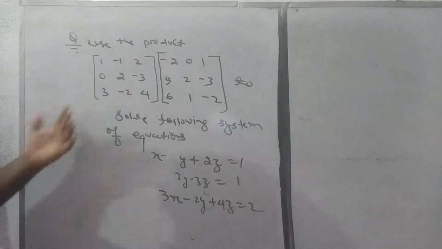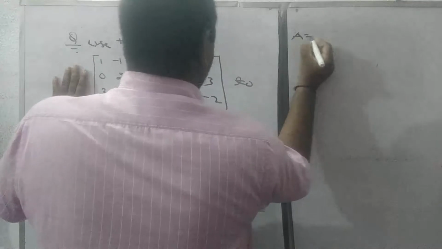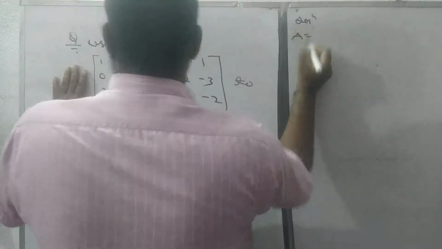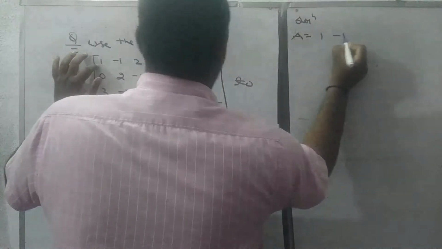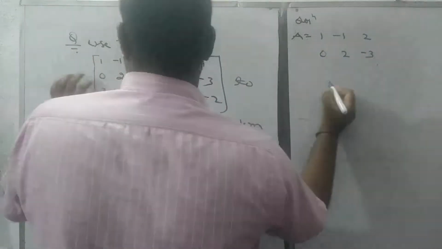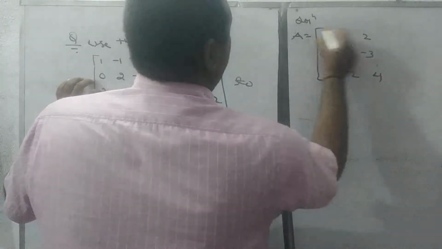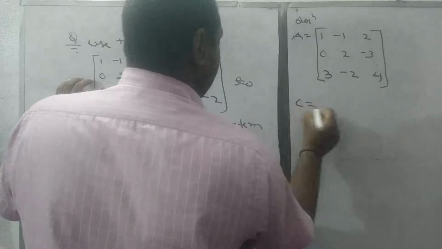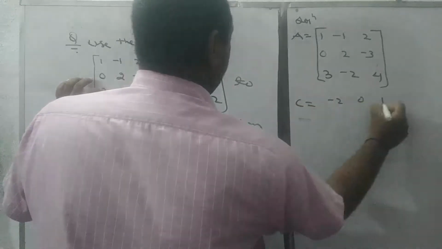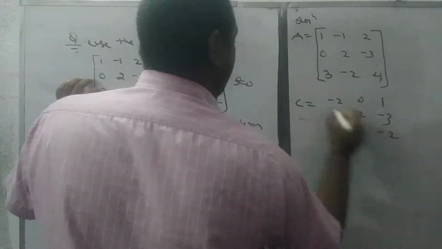This question is very easy because suppose A is 1, minus 1, 2, 0, 2, minus 3, 3, minus 2, 4, and C is minus 2, 0, 1, 9, 2, minus 3, 6, 1, minus 2.